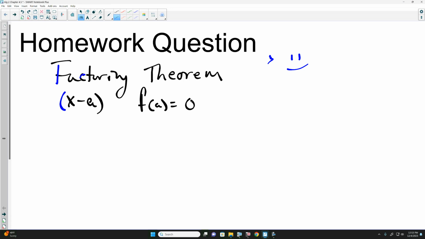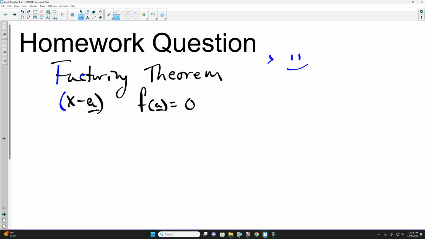So if we evaluate f of a for that given value and it equals 0, it means it's a factor. It also means that whatever that value of a is, it's a solution. So if we use synthetic division or long division and the remainder is 0, then it's a solution. That's the whole goal with the factor theorem.